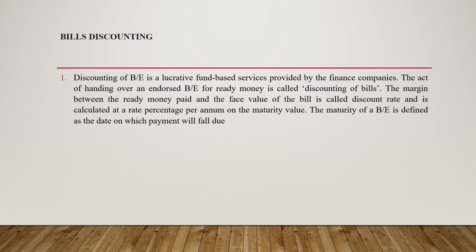As a result, RBI in July 1992 imposed several restrictions on the bill discounting mechanism, reflecting its importance in terms of lesser volume of business in the last couple of years. So, although bill discounting is one of the major financial services, the volume of business in bill discounting has decreased in the last couple of years.